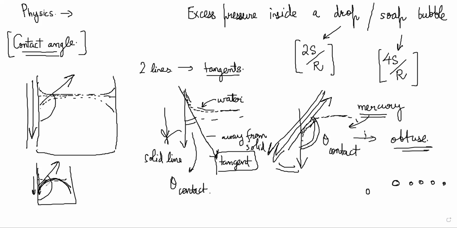So the reason is because liquid in equilibrium can't support any tangential stress. So what does this mean?